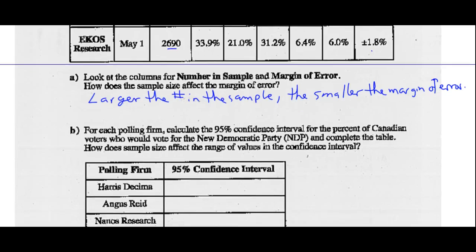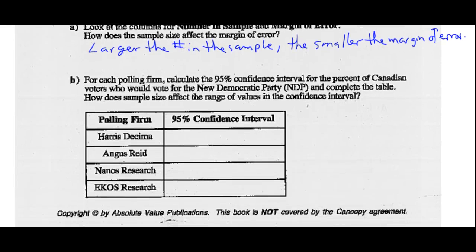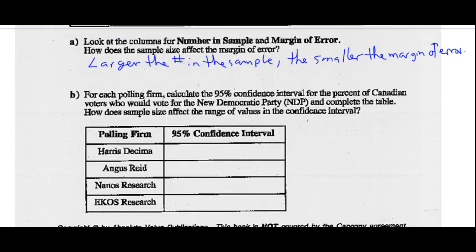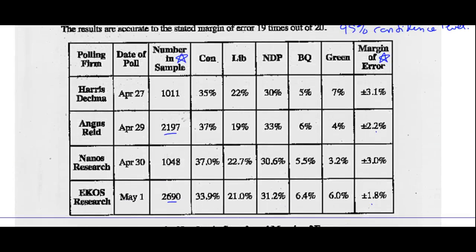Part B, for each polling firm, calculate the 95% confidence interval for the percent of Canadian voters who would vote for the New Democratic Party and complete the table. All right. So you want to go back up to the top, and at the top of the table we want to see what the percentage is for the NDP and what the margin of error is for each of these.